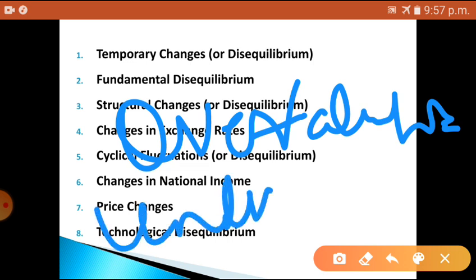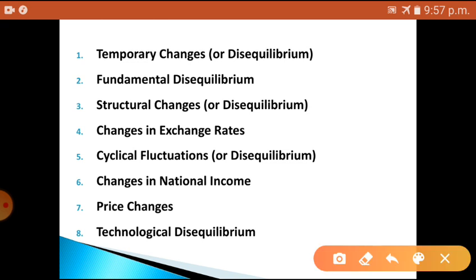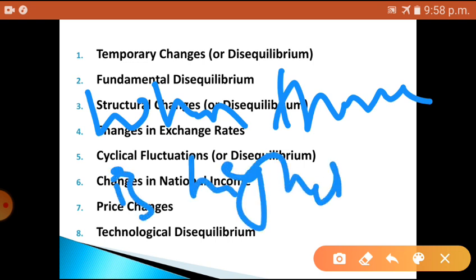When the value of a currency is higher in relation to other currencies, it is said to be overvaluation. Understood? Overvaluation means the value of the currency is higher in relation to other currencies.